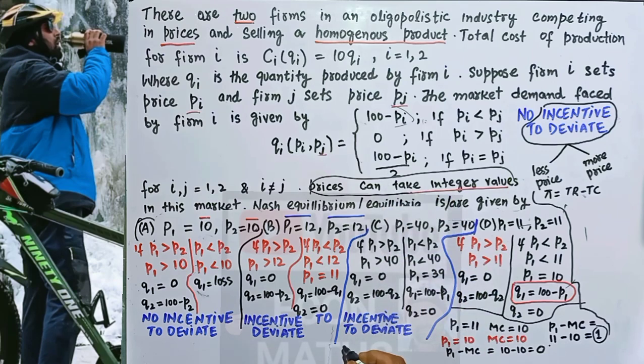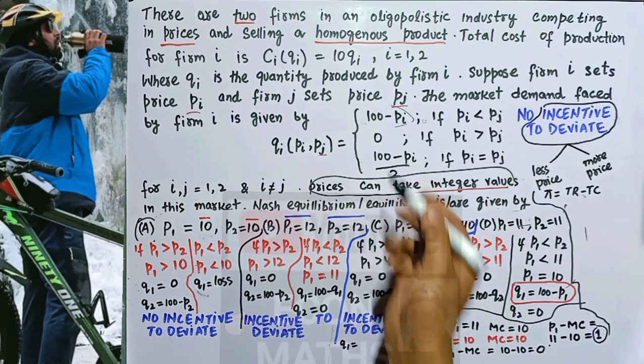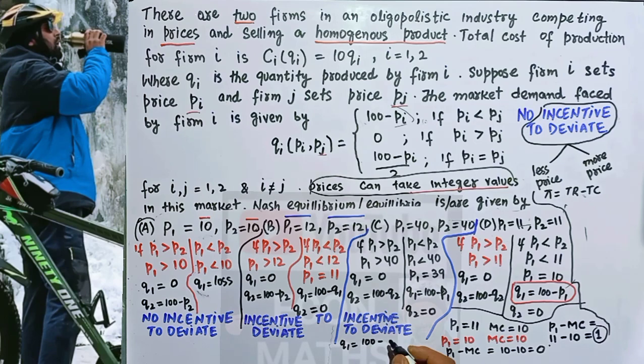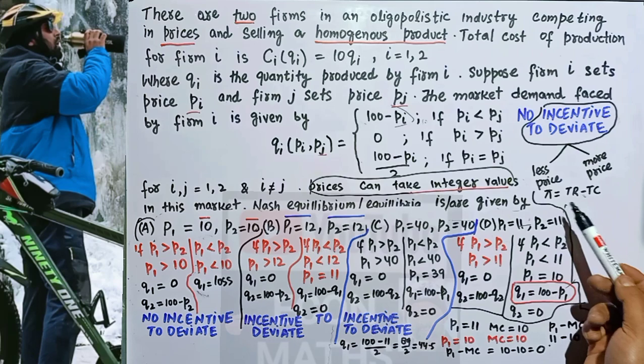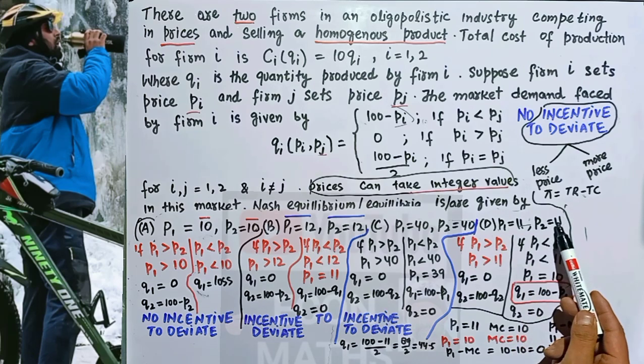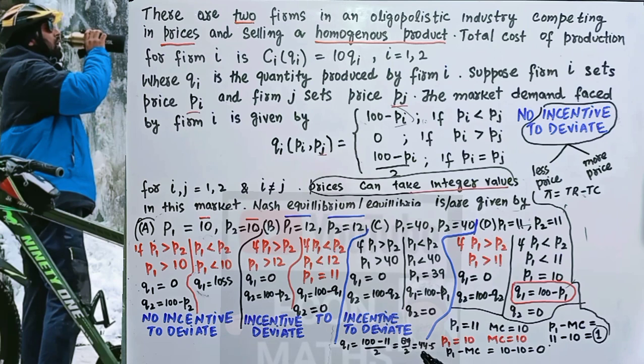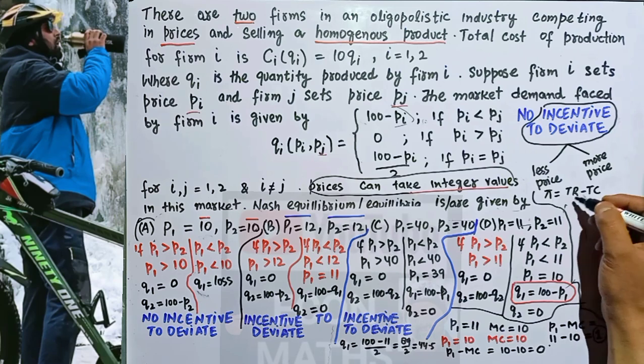That means Q1 will be equal to (100 minus 11) divided by 2, which is 89 divided by 2, that is 44.5. When firm 1 was charging the same price as his competitors, he was able to sell an output of 44.5.